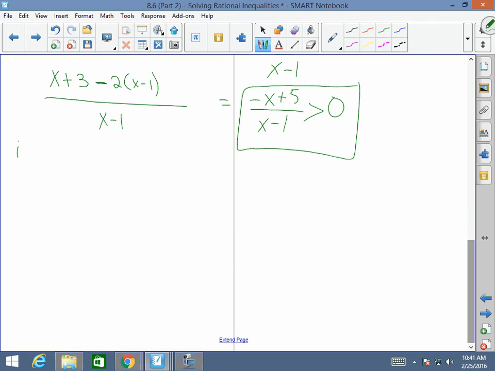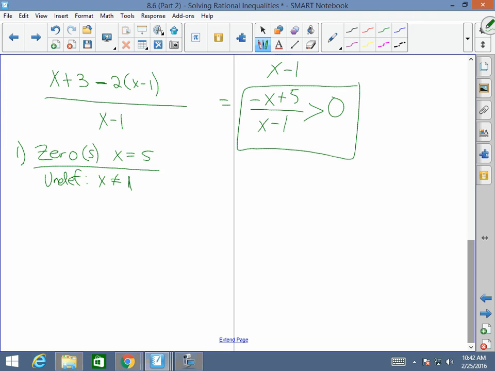Step 1, what is my zero or zeros? You subtract 5 and divide by a negative, right? So x equals 5. Now, my undefined value: x cannot equal 1.